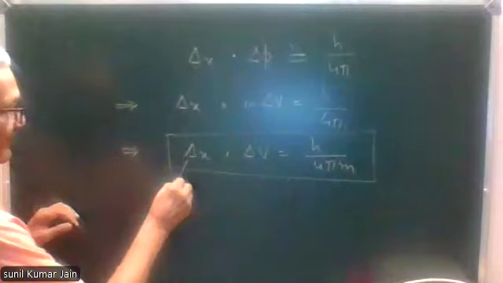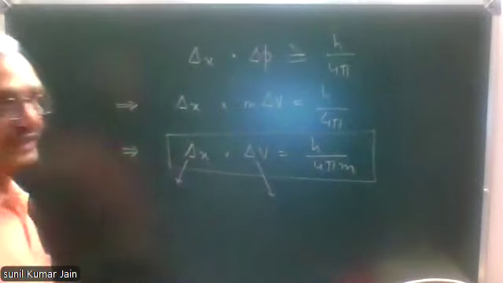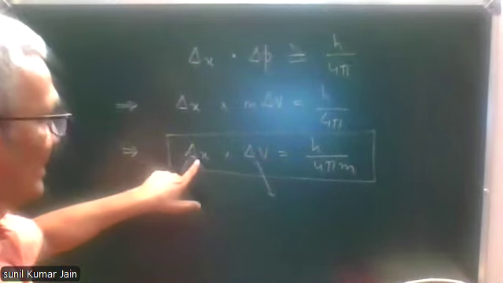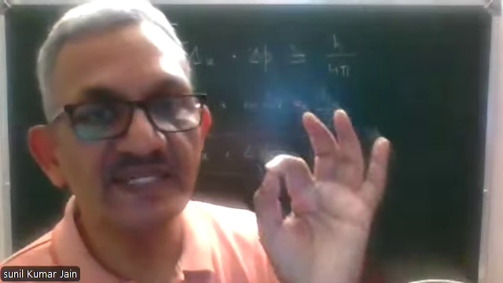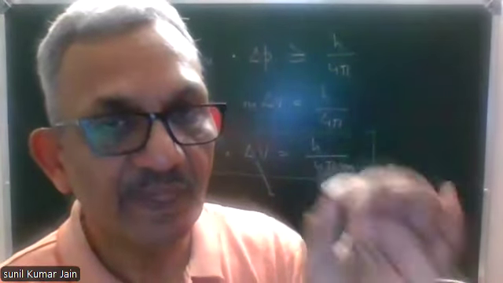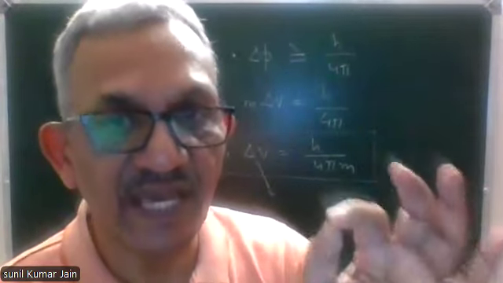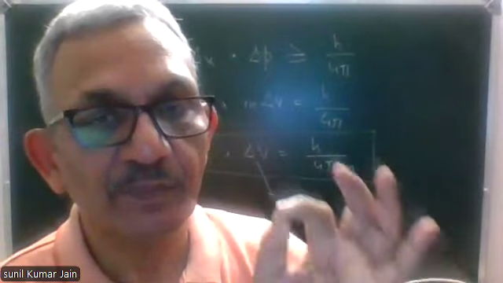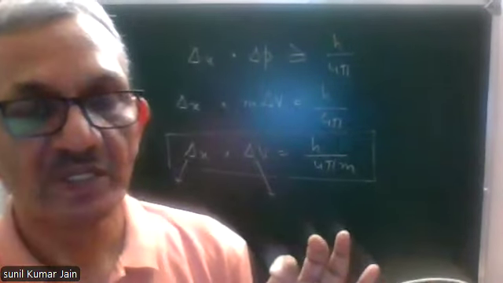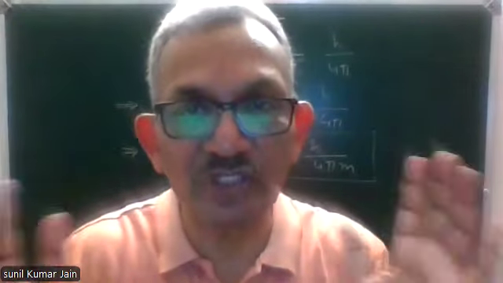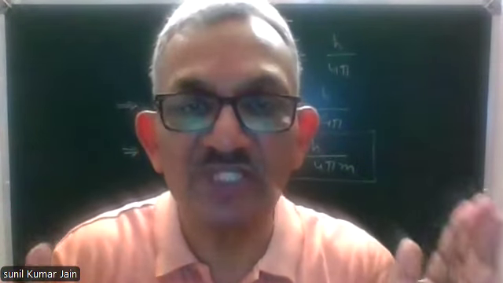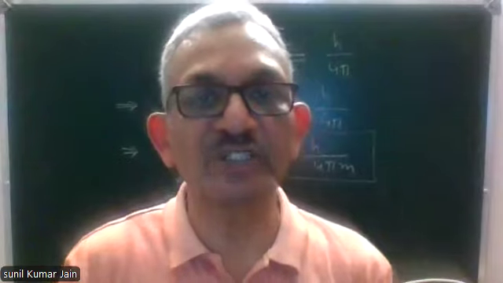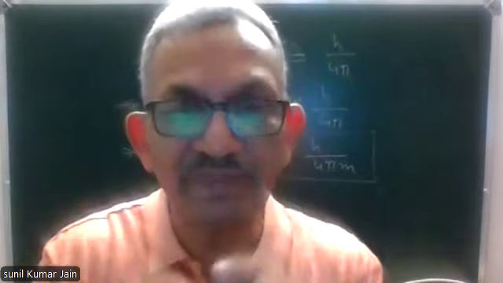Now we'll label it. Delta x is uncertainty. Remember, uncertainty is nothing but error, right? Uncertainty in position means when we determine the position of the particle in motion, how much is the error in its determination? That is delta x. Within brackets, its units will be meters.